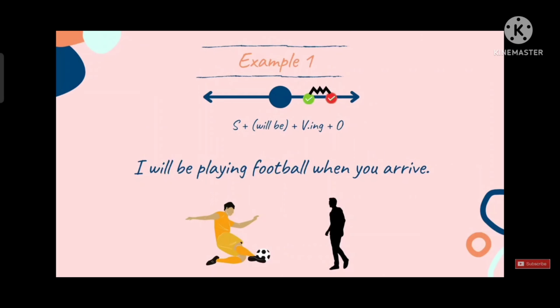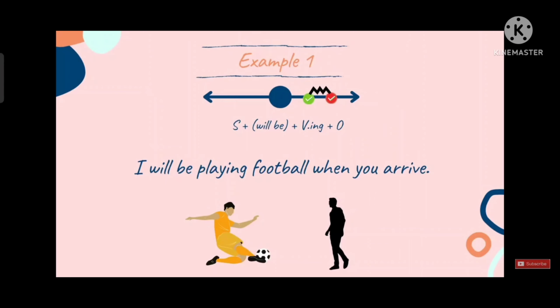So, in the timeline, it will be shown such that the activity of playing, represented by a green tick, will be ongoing, which is represented by swirly line, until another activity of you coming occurs, which is represented by red tick. Apart from that, look into the structure of the sentence.